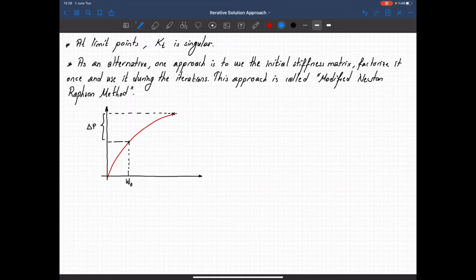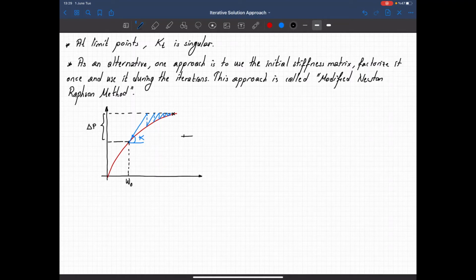So in order to do that, I will repeat the iterations by just using the same slope. Come back here, same slope. So I'm not changing the slope. I'm always going with the initial slope. So whatever k I have at this point, I'm using that slope to do the equilibrium iterations.